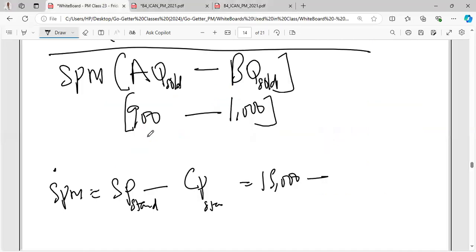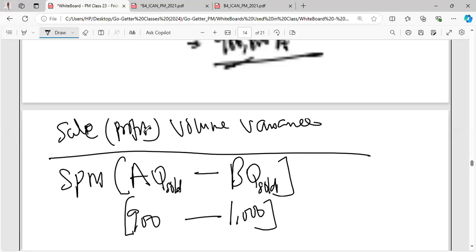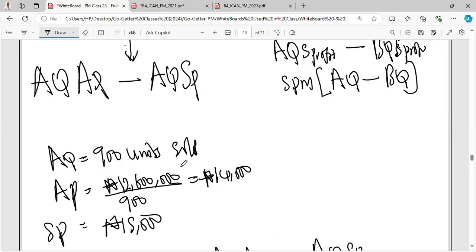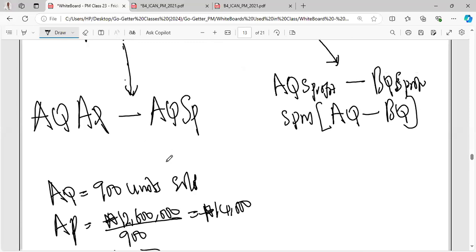So 15,000 minus 10,200. This is coming from the fixed budget, not even flexed. So in the sales, we're not using the flexed budget here.